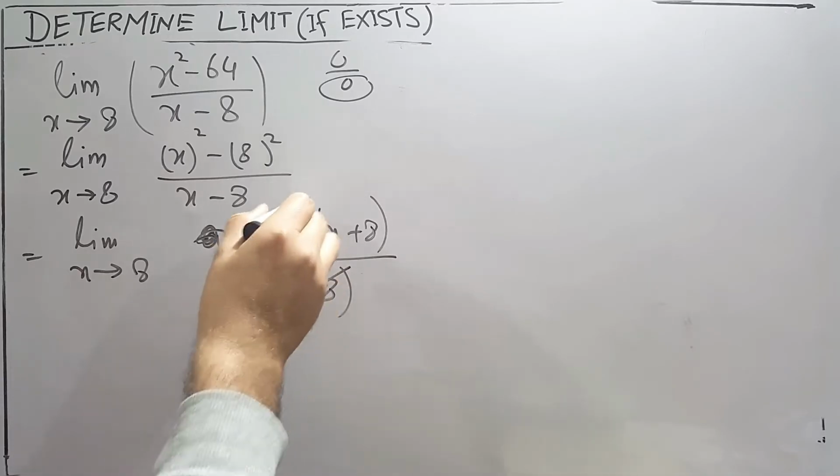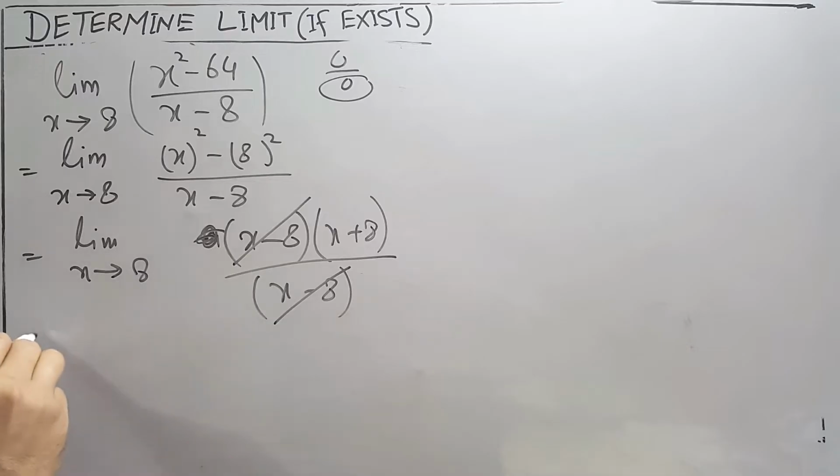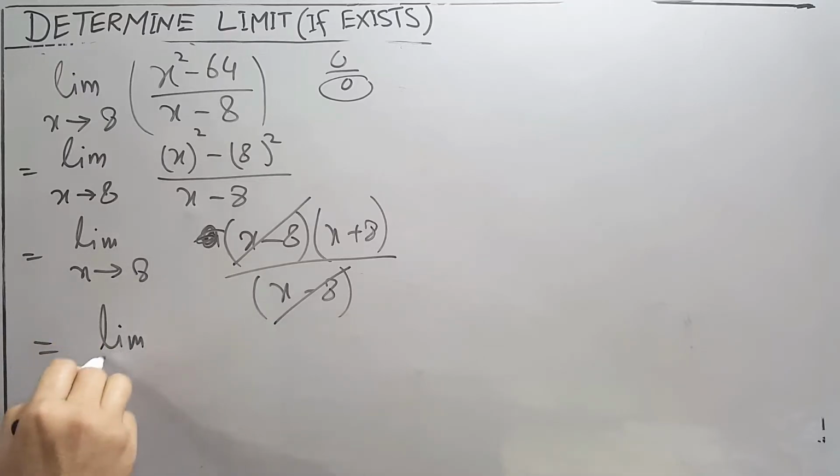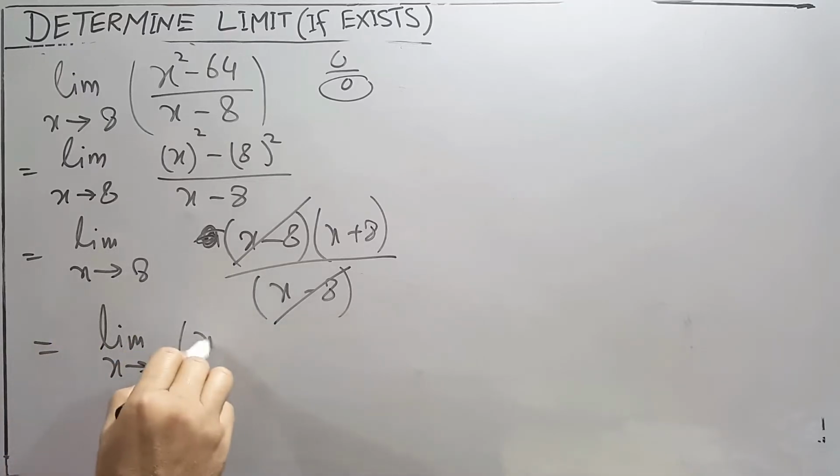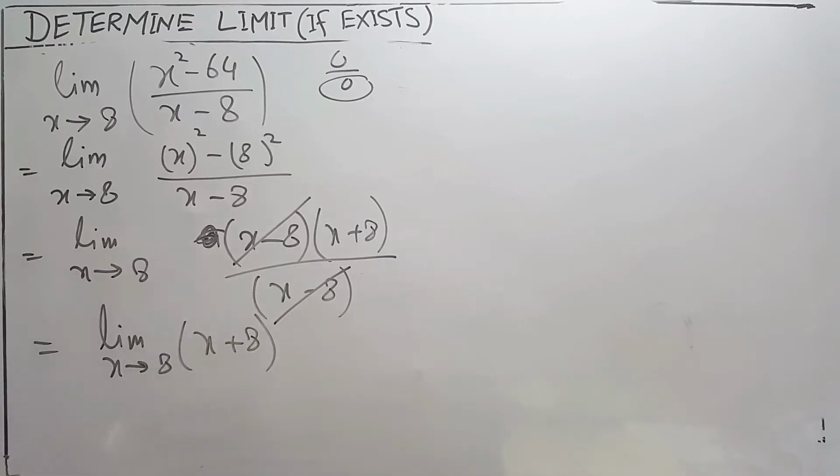So this x minus 8 will cancel this x minus 8, and then you can apply the limit on the x plus 8, where again we do not apply the limit on the constant. So if you apply the limit on the x only, that would be 8 plus 8, and that is 16.